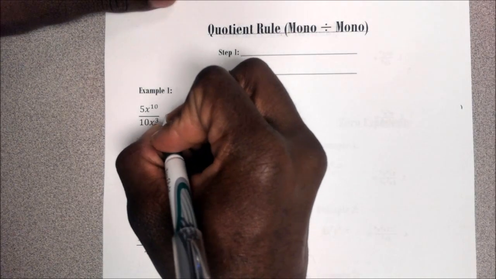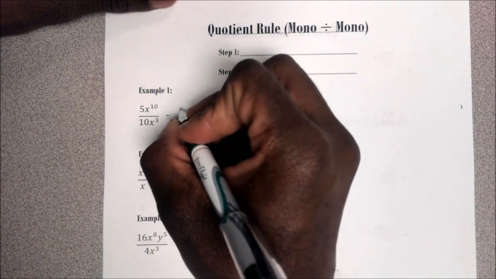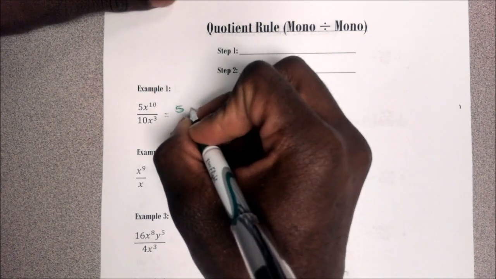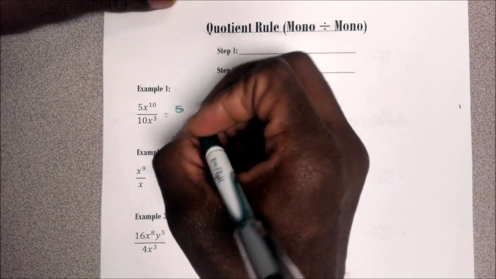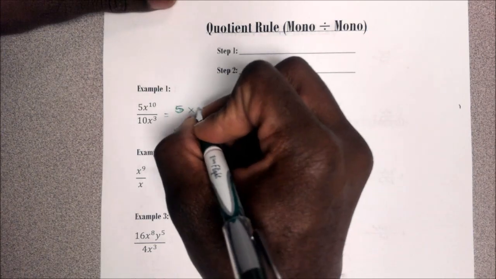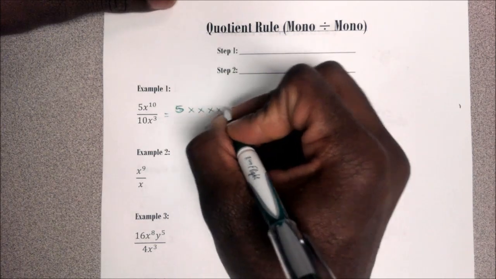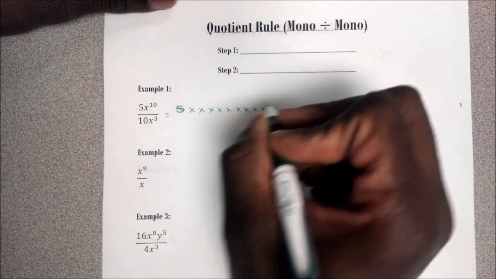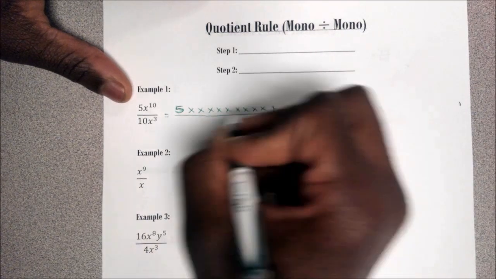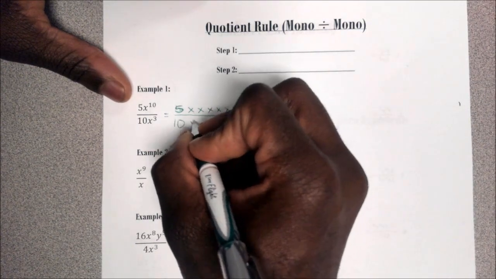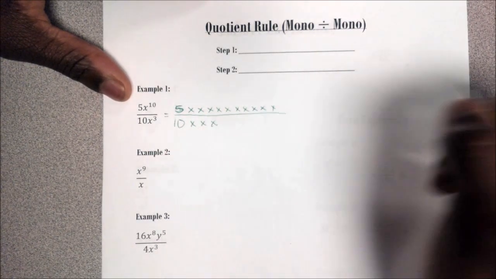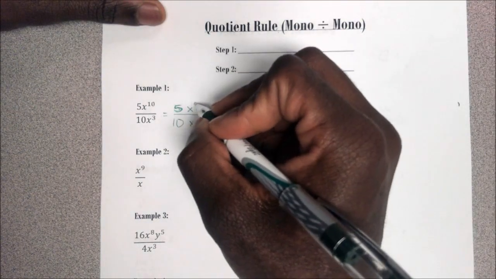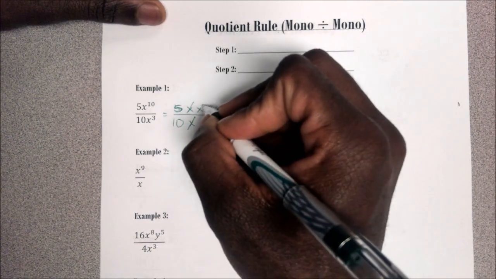So just like with multiplying, if I go ahead and expand these out in my pen, this is x to the 10th, so that is 10 x's: 1, 2, 3, 4, 5, 6, 7, 8, 9, 10, divided by 10x to the third, 10 cubed, x cubed. We know that if we have pairs at the top and bottom, they equal 1.